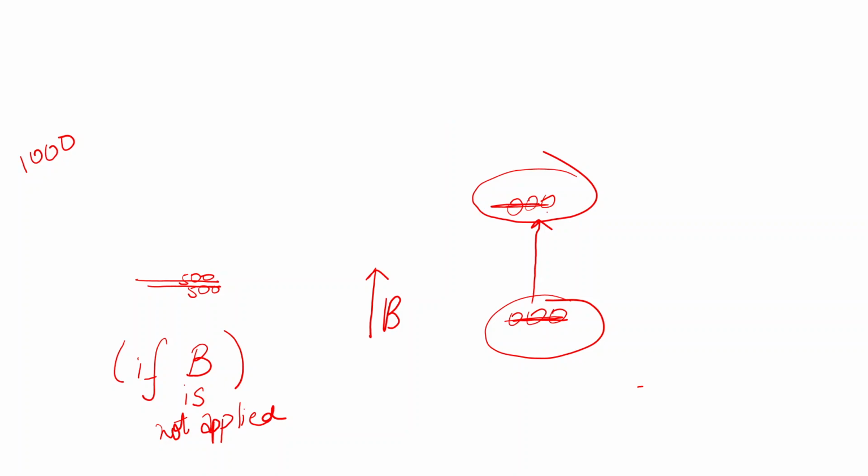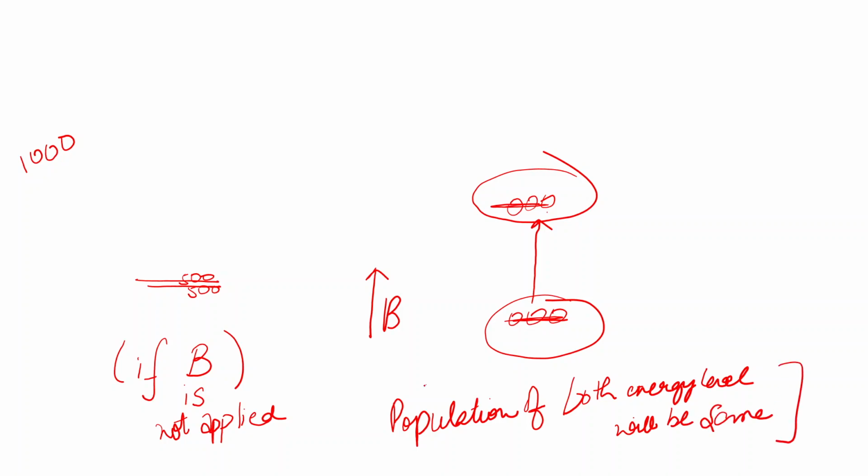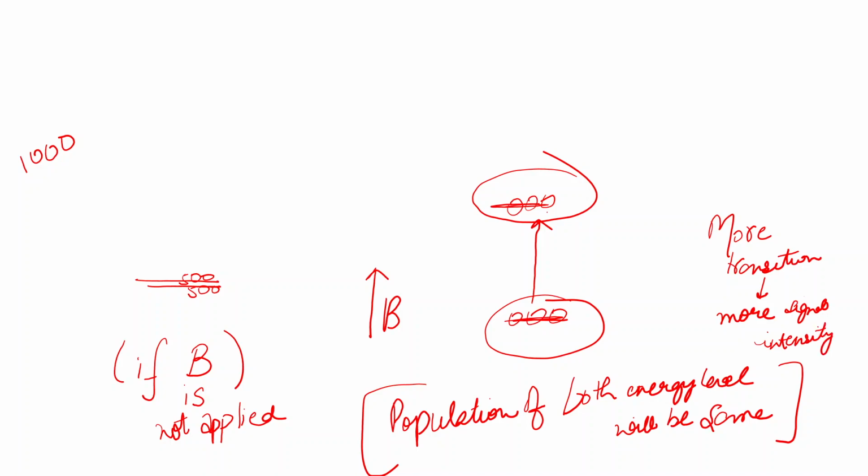Transitions will occur up to the time when the population of both energy levels will be the same, and then only will transition stop. And more transition means more signal intensity. Is it clear?